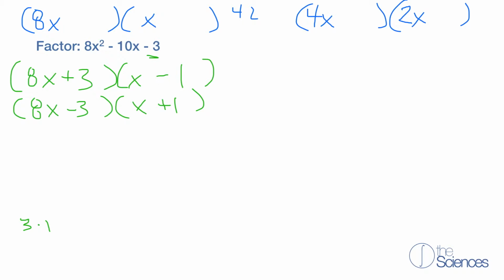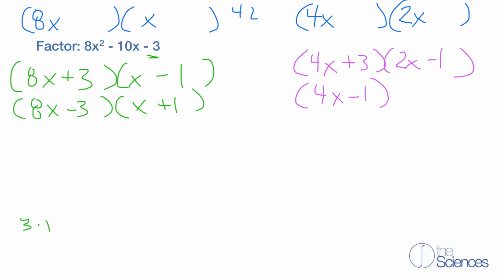So for x, we're going to have 4x plus 3, minus 1, and we're going to have 4x minus 1, minus 3, plus 1.